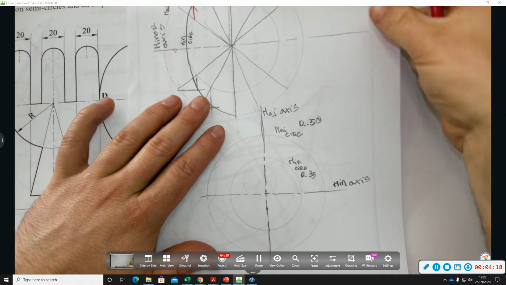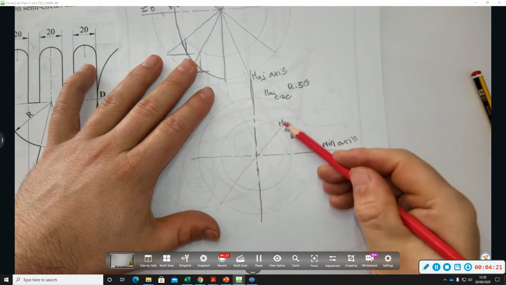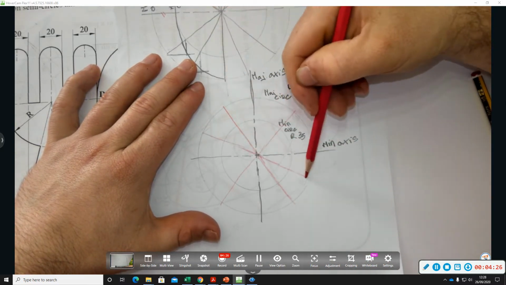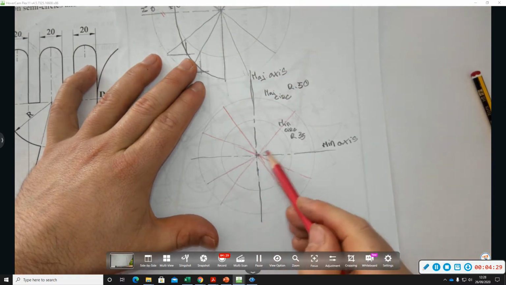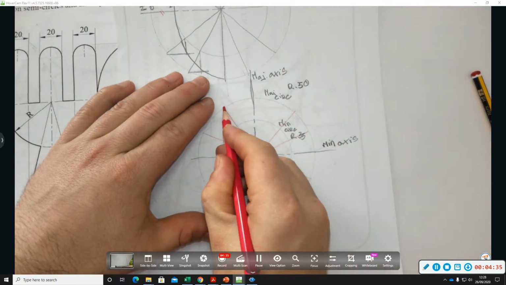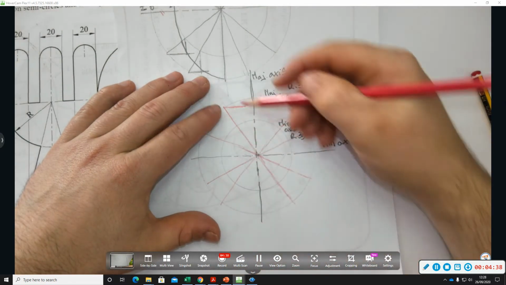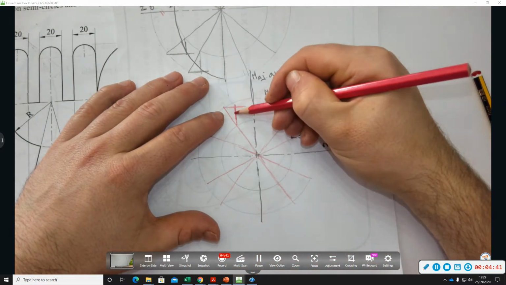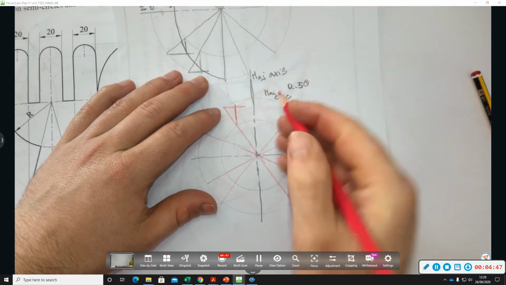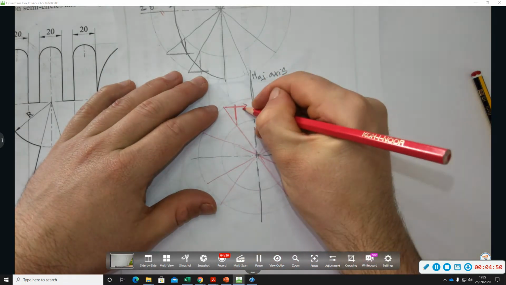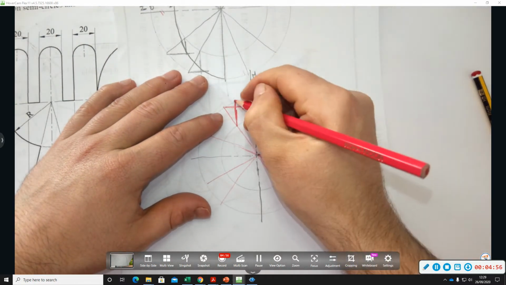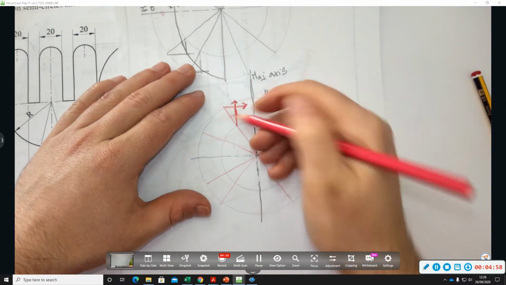Now we're going to divide it up into the pizza slices, so 60, 30. Where our division lines hit the major circle, we go parallel to the minor axis towards the middle, and where the division lines hit the minor circle, we go parallel to the major axis, away from the minor.